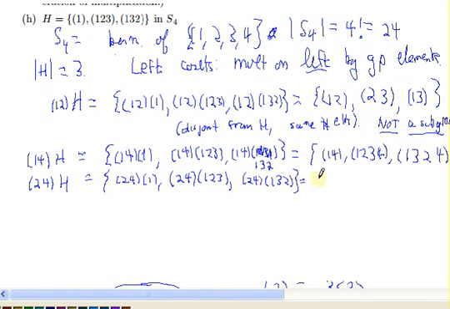And that will give us (2 4). And then let's see the next one. 1 goes to 2, 2 goes to 4, so that's giving me (1 4). 4 goes to 2. 2 goes to 3. And 3 goes to 1. Okay, so we have (1 4 2 3).